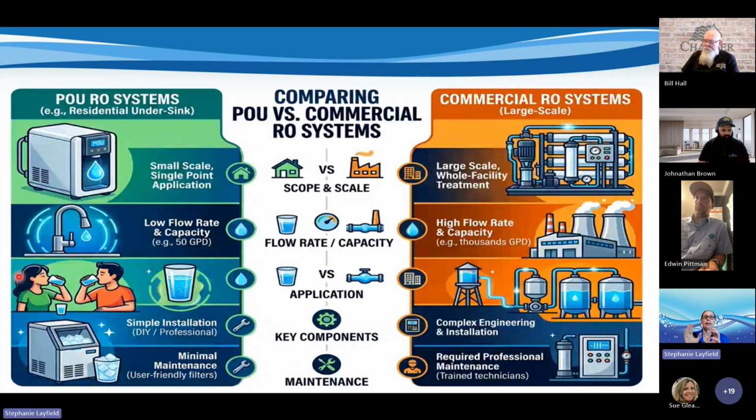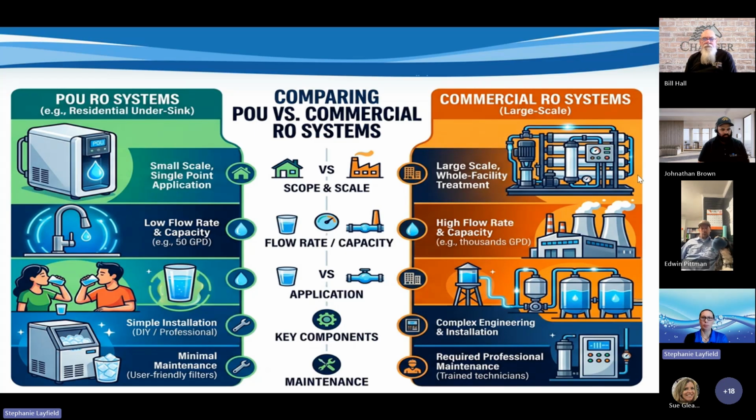Comparing a point of use residential RO system versus a commercial RO system, scope and scale is the biggest first thing. Home RO, you just need a couple gallons, a storage tank underneath the sink, really simple, usually no electronics. But whenever we go to a commercial, this is large scale, usually more than one membrane.